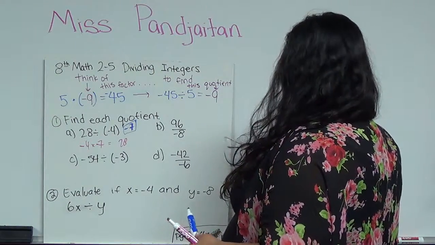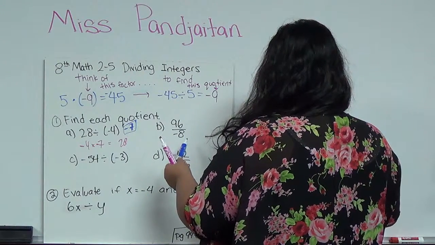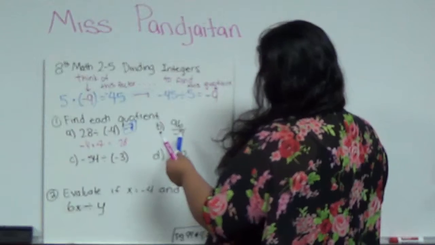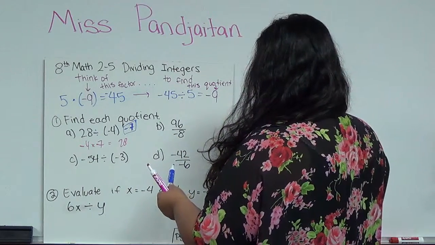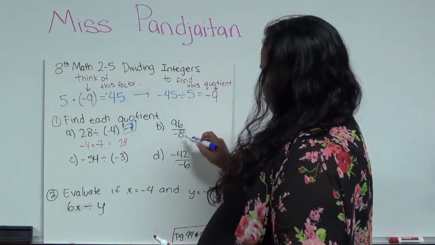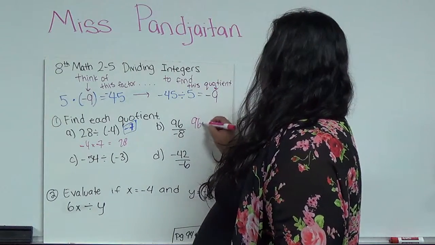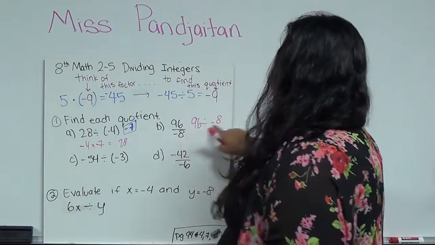Sorry, I needed to check 96 divided by negative 8. Okay, so when we do this, it's the same thing as division. So this bottom number is always the second number.